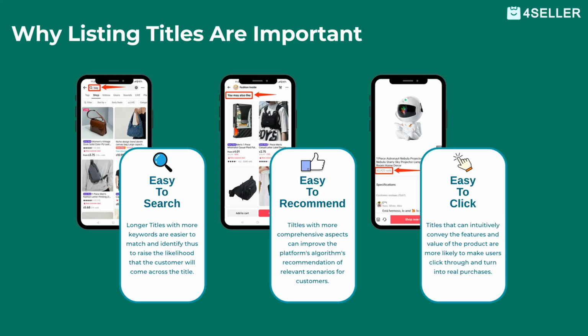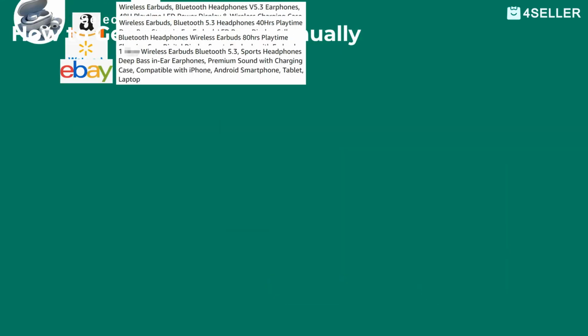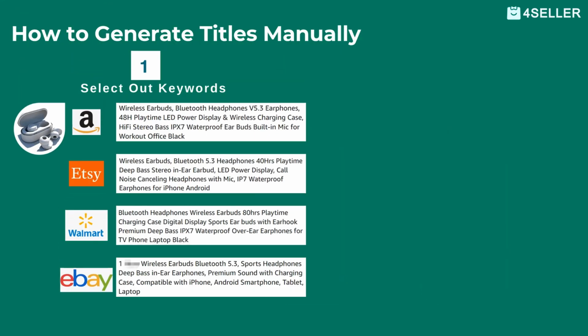In many cases, if you need to manually write a listing title with the best performance, you'll need to search and summarize the listing titles of best-selling similar products on various cross-border e-commerce platforms, including Amazon, Etsy, Walmart, and eBay.